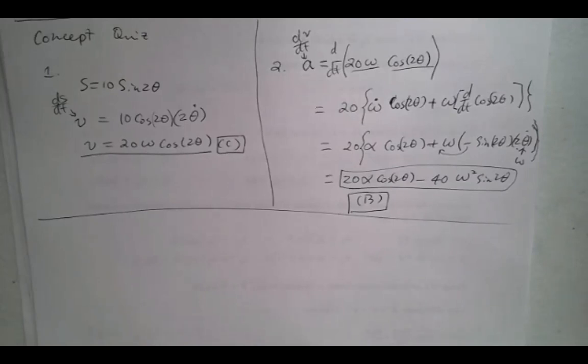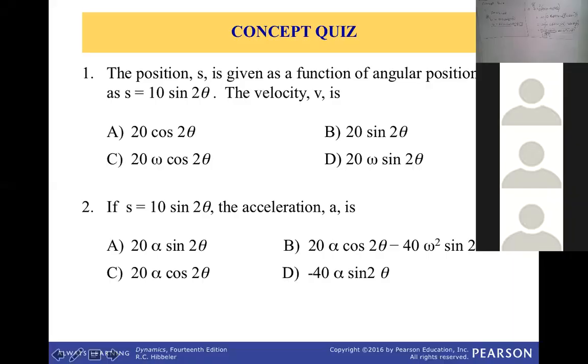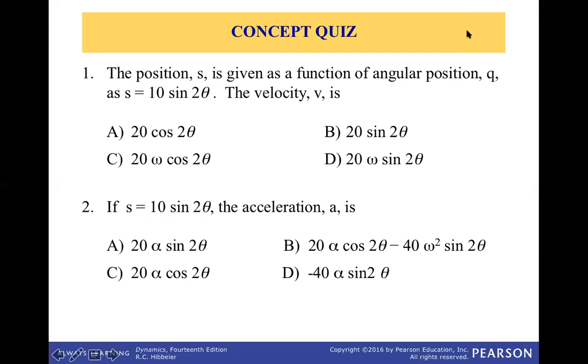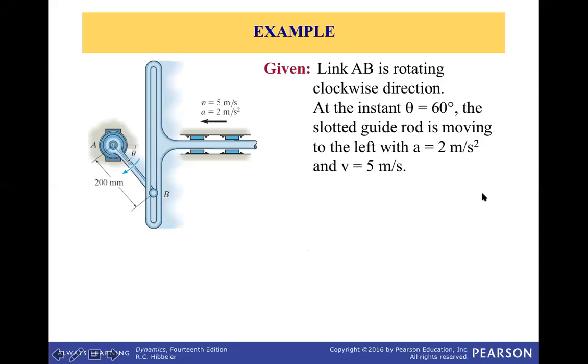So let's go back to the PowerPoint. Now we'll take a look at one example here, then we'll be looking at the attention quiz later. There's a link AB being driven by this motor.